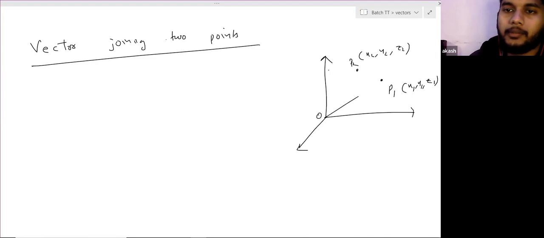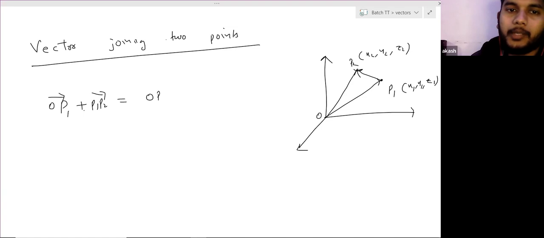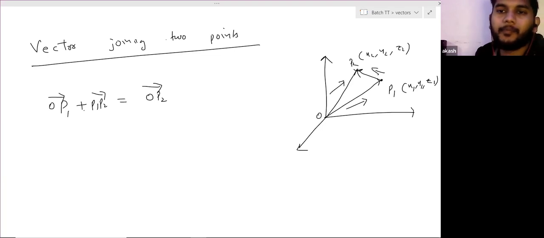I can join OP1 and OP2, and then I join P1, P2 also. So using vector triangle law, addition law, can I write OP1 vector plus P1, P2 vector equals OP2 vector? This vector plus this vector equals this vector? Yes or no?